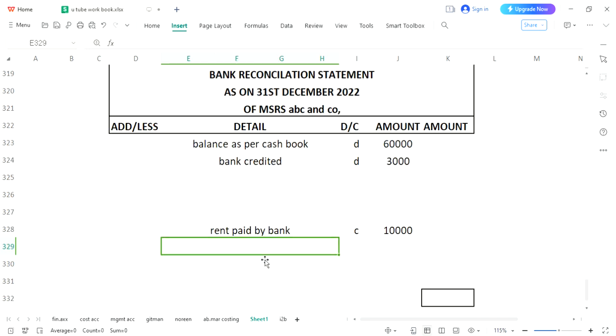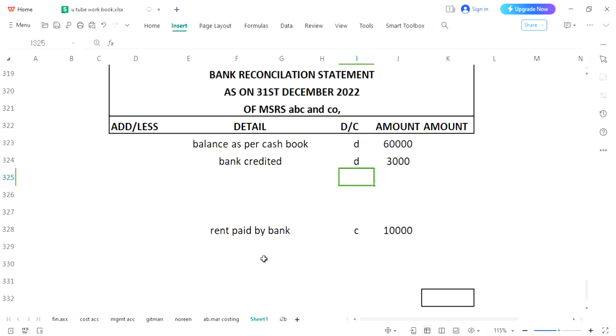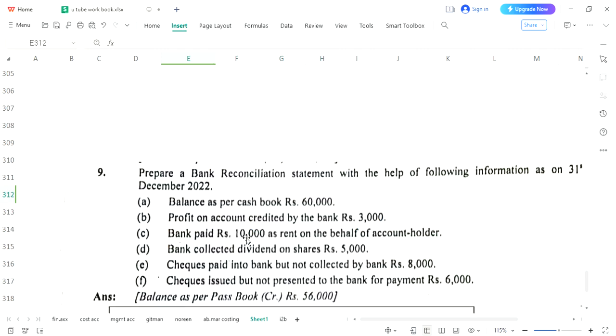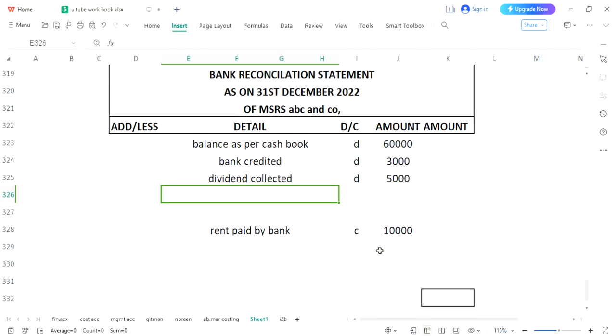So 5,000 on the debit side, you will be posting over here. This is your dividend collected. Now you can see that when it is a collection, it is income. When it is a payment, it is an expense. Dividend collected, we have written 5,000 as the amount.